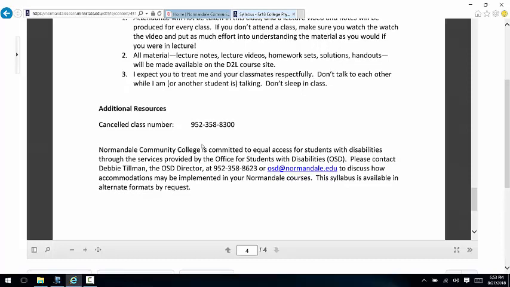And here's a little blurb at the bottom about the Office for Students with Disabilities.